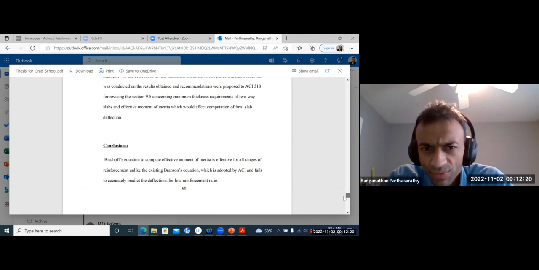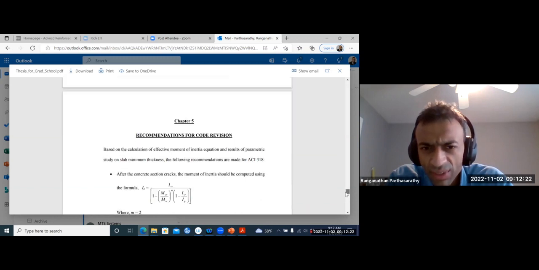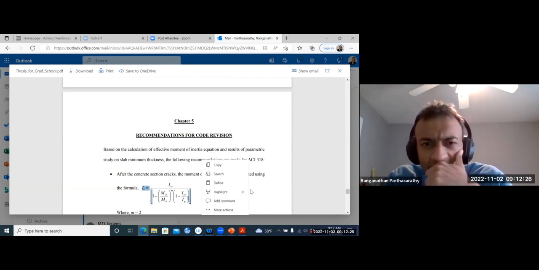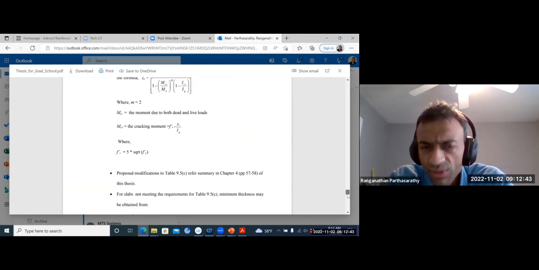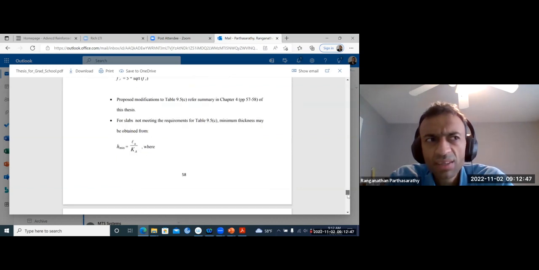For example, the equation for calculating average moment of inertia, she is saying that it may not be conservative. So they must have implemented something from this thesis maybe into the 2014. So usually they will, but sometimes if it is very recent, they may not.